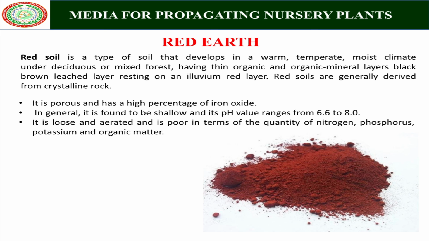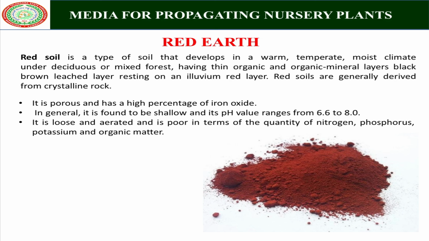Red soil is usually porous and has a high percentage of iron oxide. Its pH value ranges from 6.6 to 8. It is loose and it has good aeration, and in terms of nutrient capacity, it is poor in nitrogen, phosphorus, potassium, and organic matter.